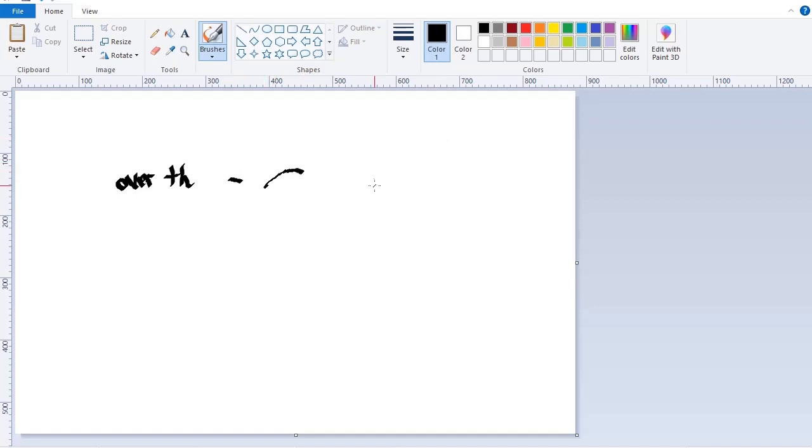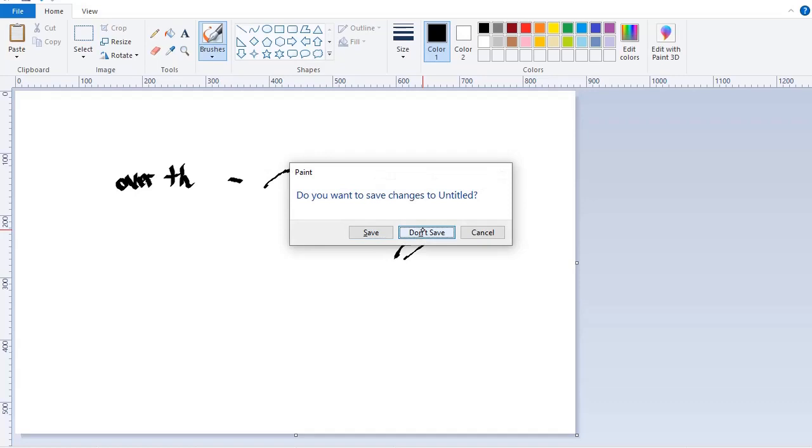Just like that, curve line lang siya. Kung titignan nyo, the T is a straight line, now TH is a curve line, a slanting curve line. That is how you stroke our TH.